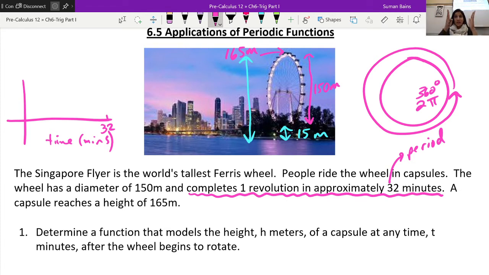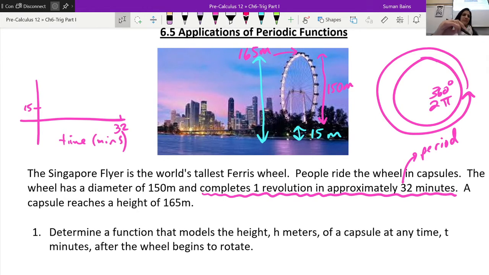We want to zoom in on just one of those periods before it starts repeating again, so that I can draw your attention to the important aspects and build in that review. So we already talked about how you would start this at 15 meters. So what should go on my y-axis when I go to label this?